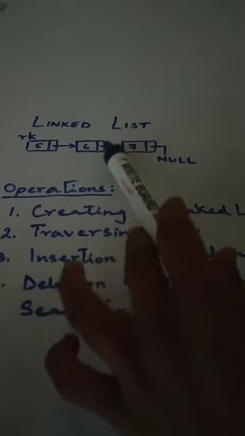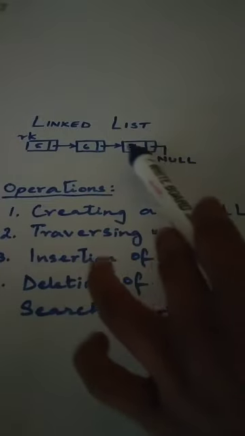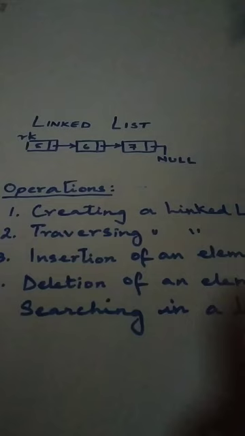When I say RK next, I know I mean this particular node. And similarly, when I say RK next of next, I mean this particular node. So when I want to traverse a list, knowing the header node or knowing the beginning of the list is very, very important.